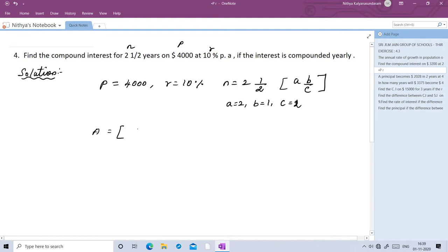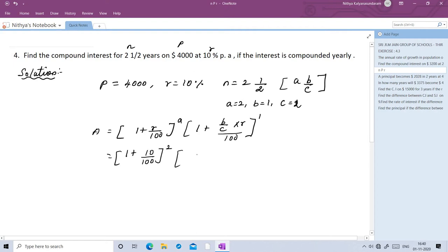A is equal to 1 plus R by 100 power A, into 1 plus B by C into R divided by 100 whole power 1. So 1 plus R is 10, 10 by 100, A is 2, B is 1, C is 2, so 1 by 2 into R, 10 divided by 100 whole power 1.